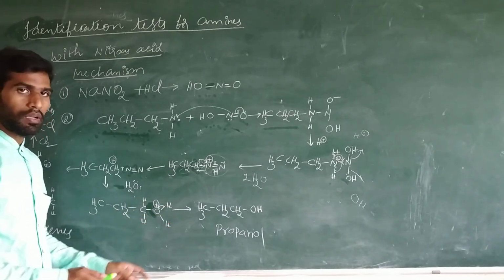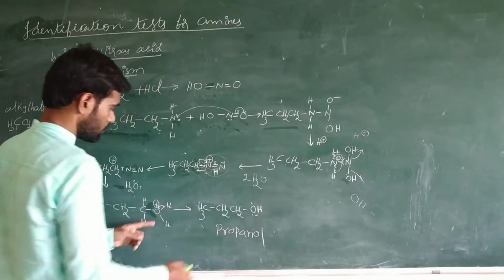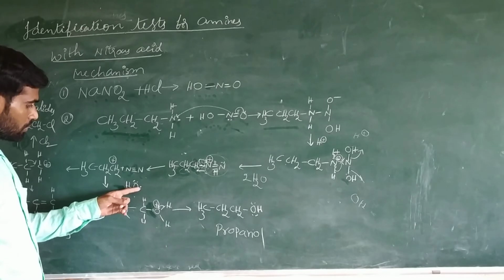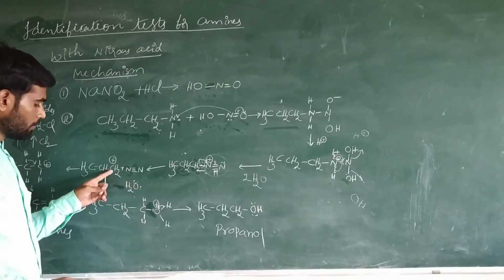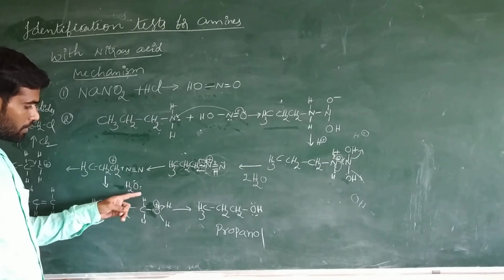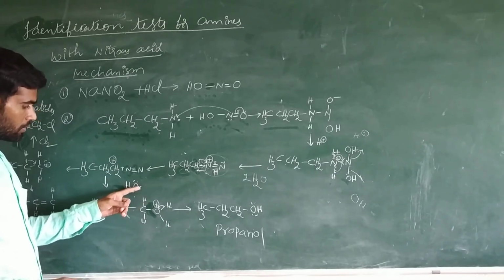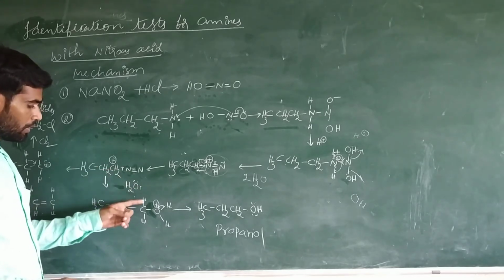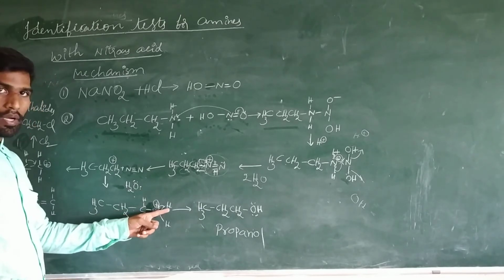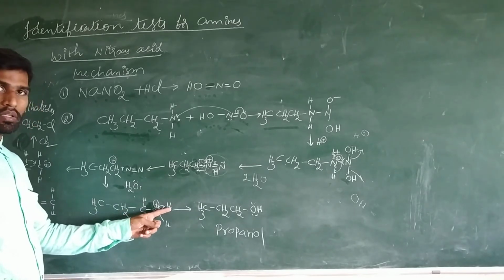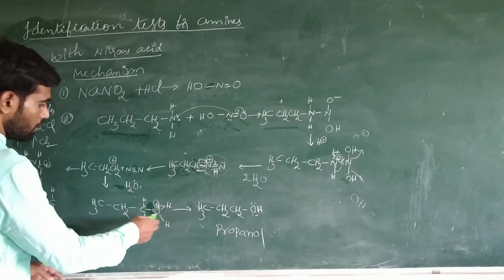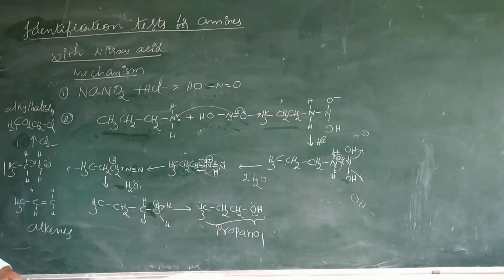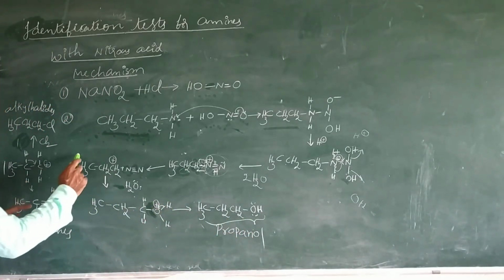Oxygen's lone pair of electrons is utilized to make a bond with the carbon atom, and the lost electrons are taken from the hydrogen atom, because oxygen is more electronegative than hydrogen, and formation of alcohols takes place.